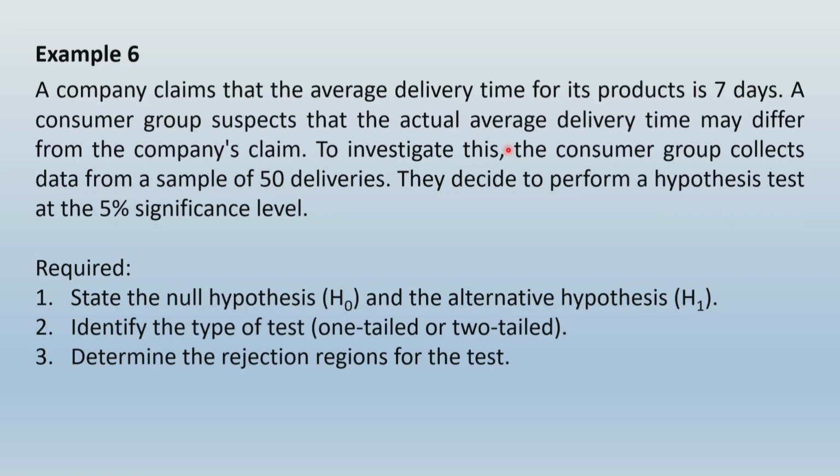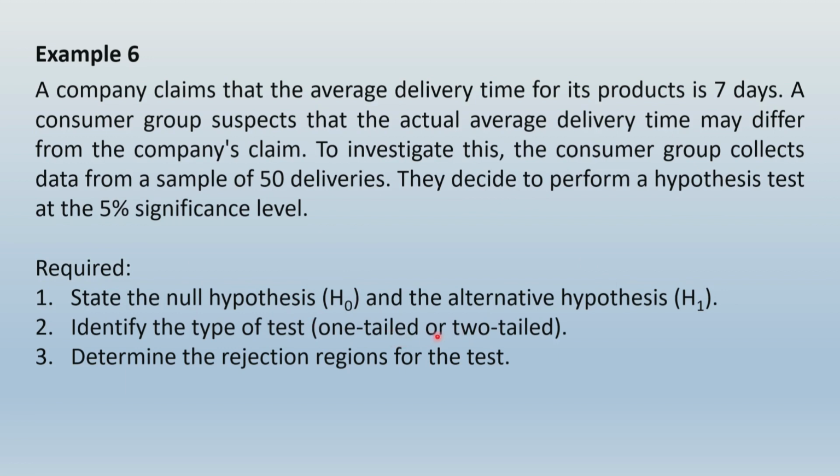To investigate this, the consumer group collects data from a sample of 50 deliveries. They decide to perform a hypothesis test at a 5% significance level. Required: State the null hypothesis and the alternative hypothesis, that is H0 and H1.